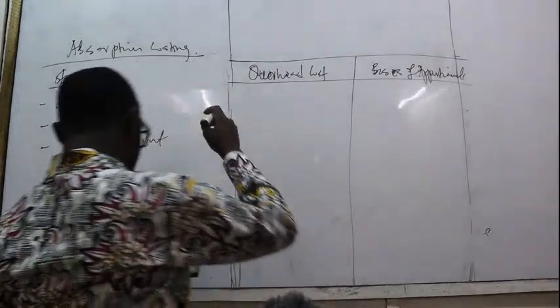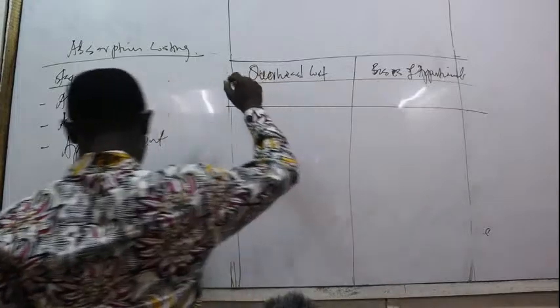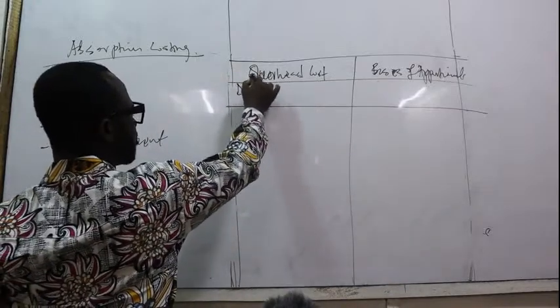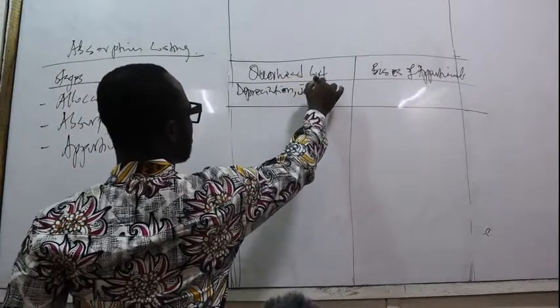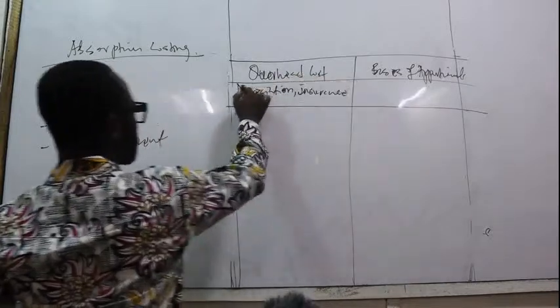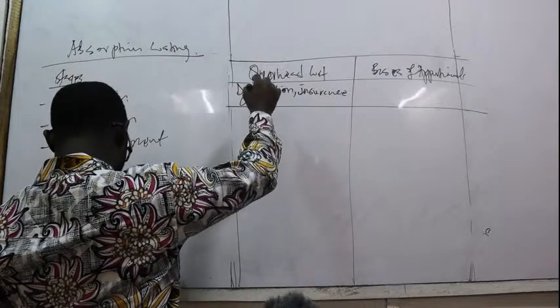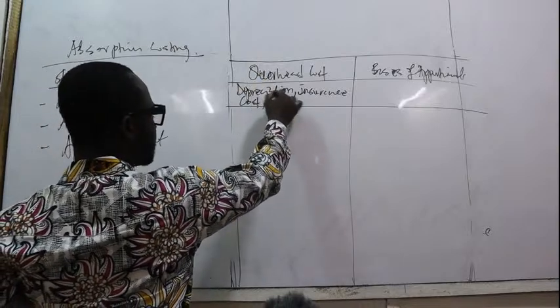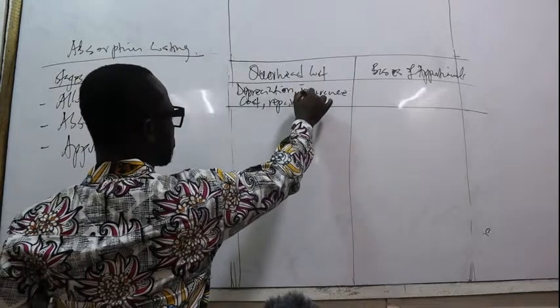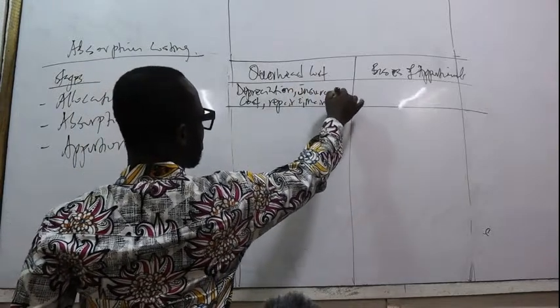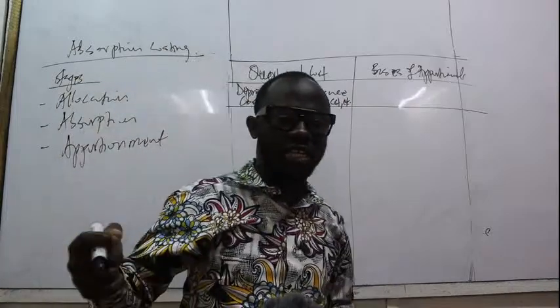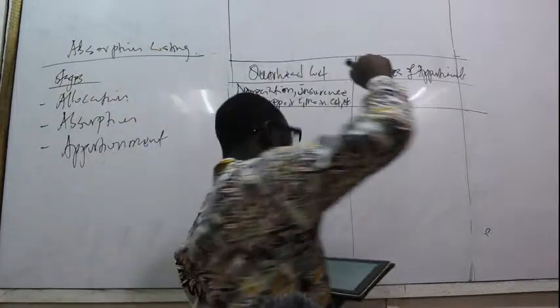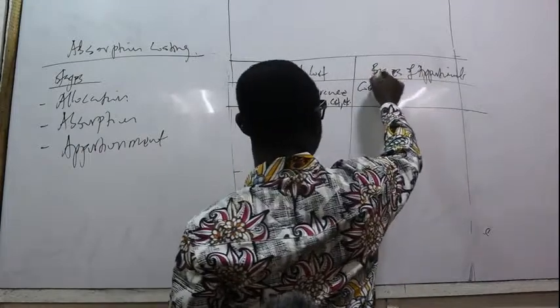One, we can talk about depreciation, insurance cost, repairs and maintenance cost, etc. All these can be shared using the cost or value of the machine.